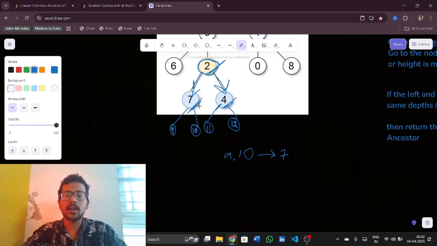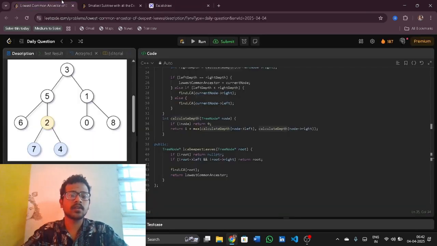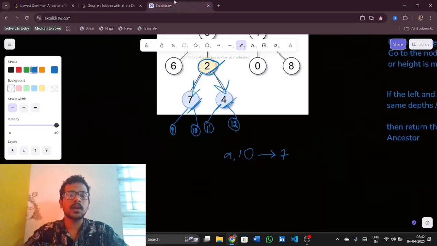So I cannot return 7 and 4. It is not asking for a vector of tree nodes. It is just asking for a node. Now, if I return 4, then I will be missing the 9 and 10 leaves, and I will be missing 7 as a subtree, which is the common ancestor for nodes 9 and 10.